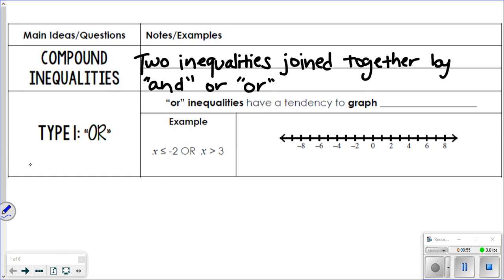Or inequalities are also called disjunctions. And they have the tendency to graph apart.